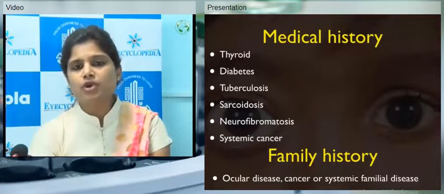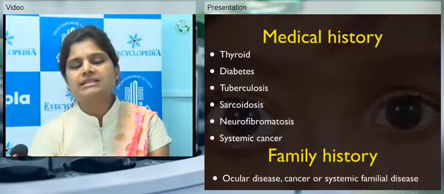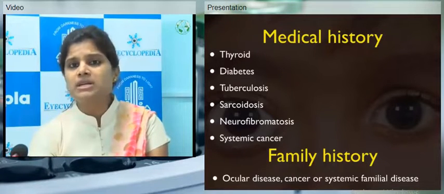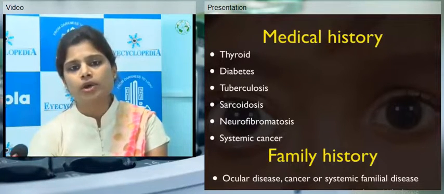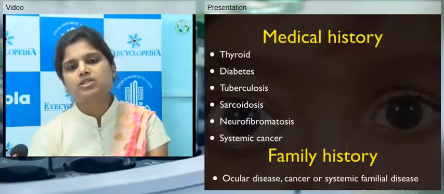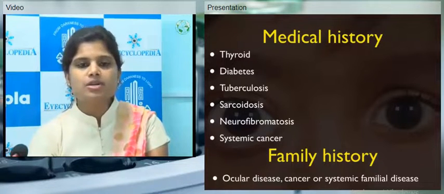But it's not always necessary that the patient has either hyper or hypothyroidism, because about 80% of the patients that we see in the clinic are euthyroid, and only 10% have hyperthyroidism and 10% have hypothyroidism. But still, taking this history can give us a clue.